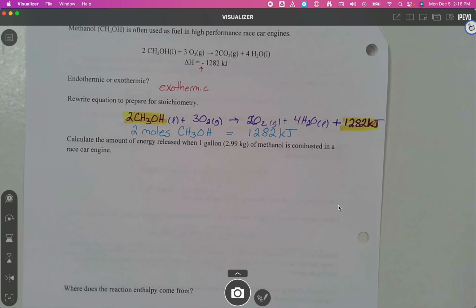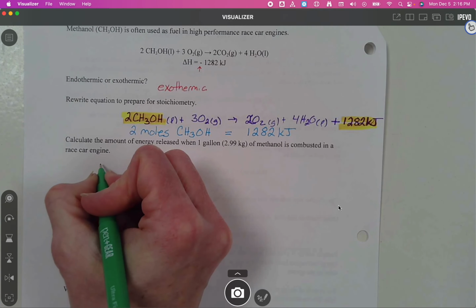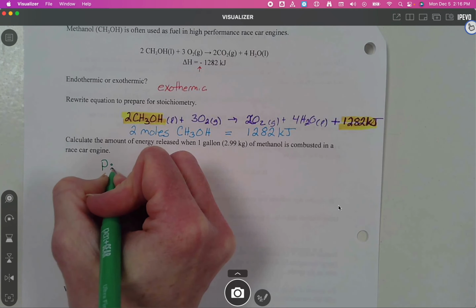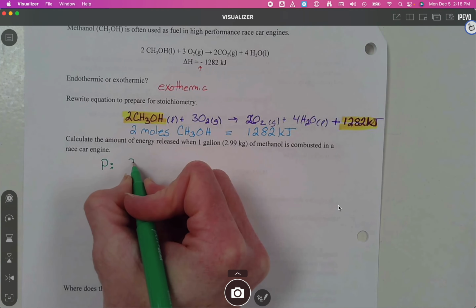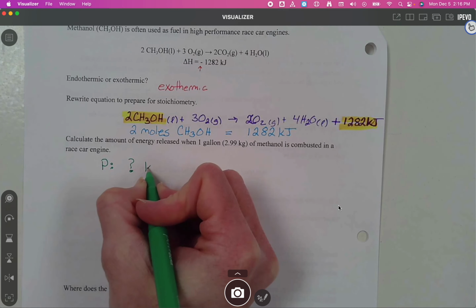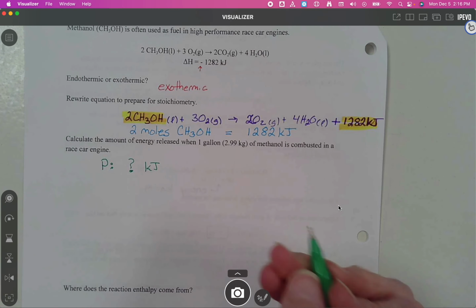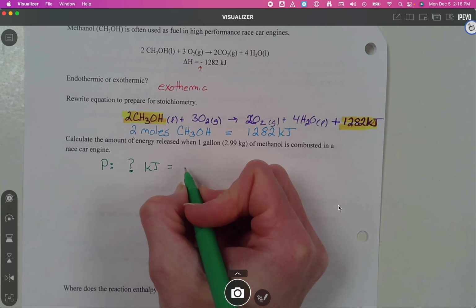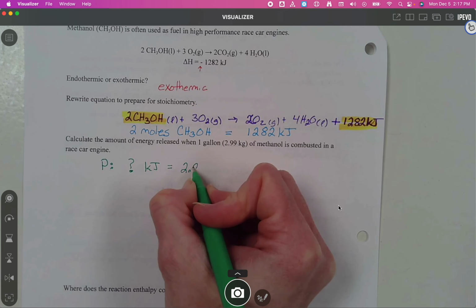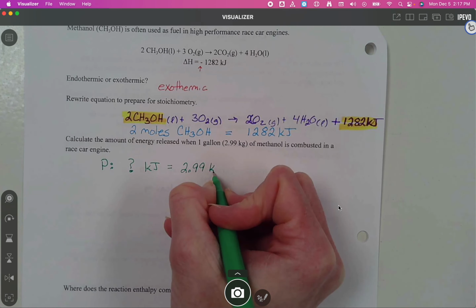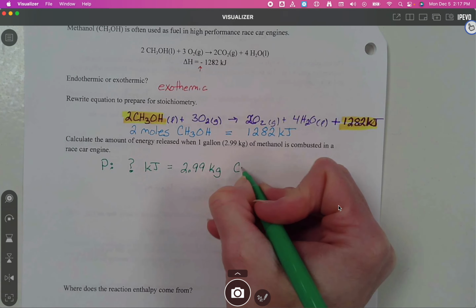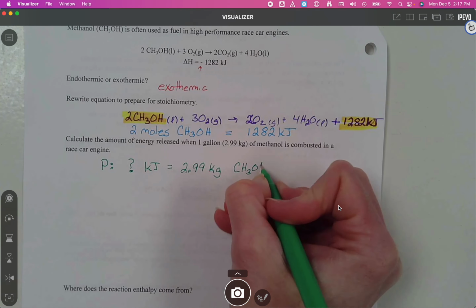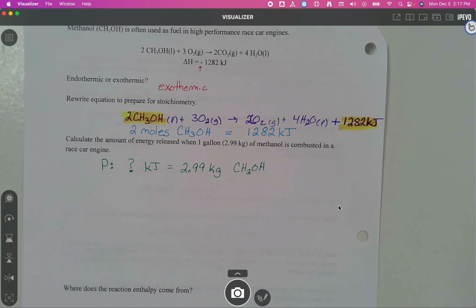And then we're just going to set it up as a dimensional analysis problem. We want to know how much energy, which is really just how many kilojoules, is released when 2.99 kilograms of methanol is burned.